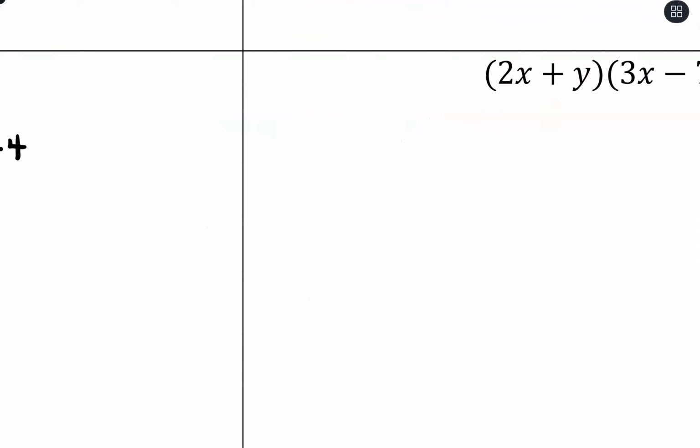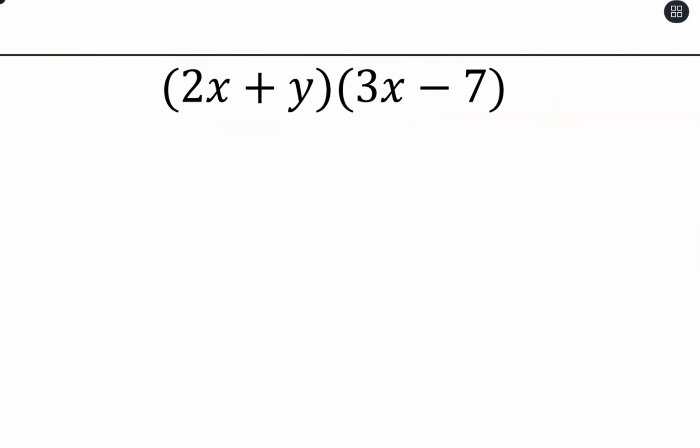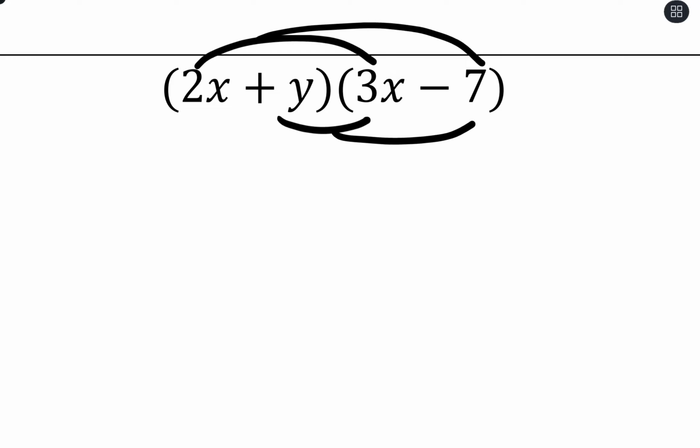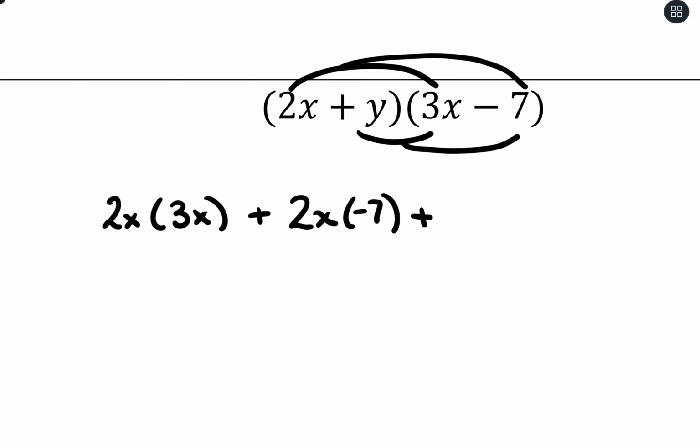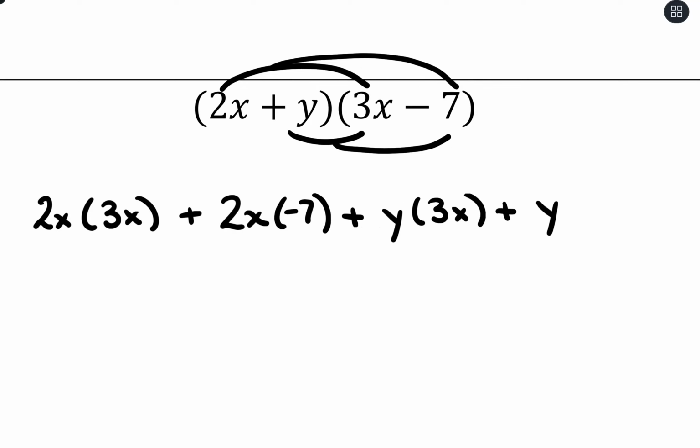Okay, let's go through that again. So first, outer, inner, last. First terms is 2x times 3x, and then we're going to go outer terms, 2x times negative 7, plus inner terms, y times 3x, plus last terms, y times a negative 7.